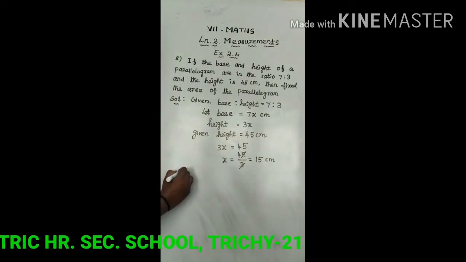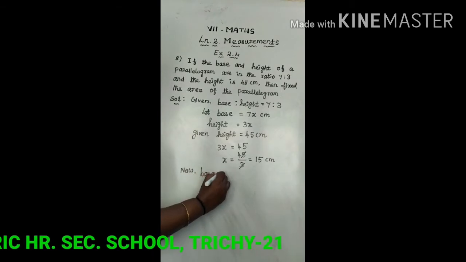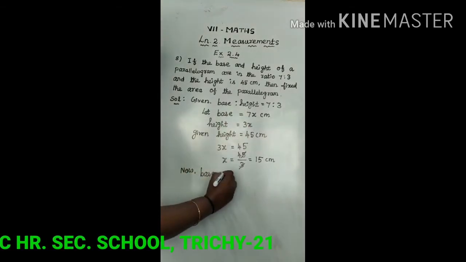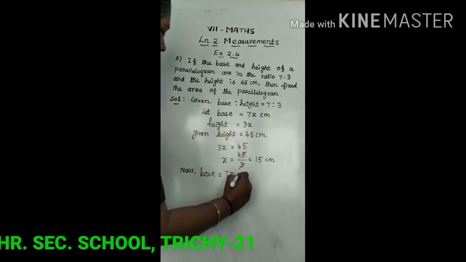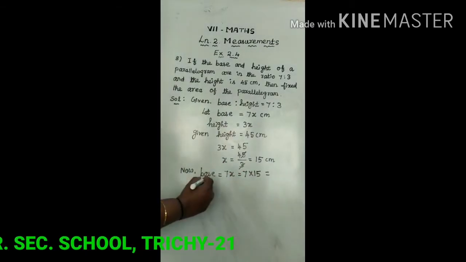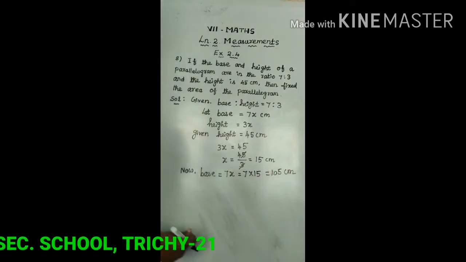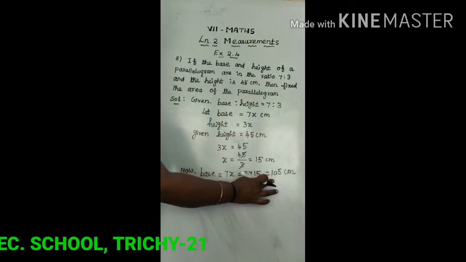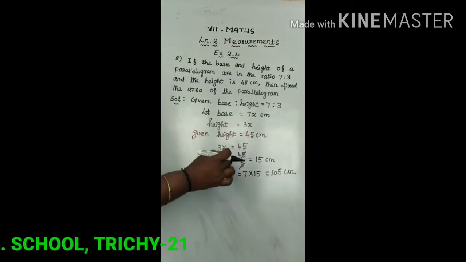Now we find the base, which is equal to 7x. So substitute the x value in the base: 7 into 15. 15 sevens are 105 centimeter. So base is equal to 105 centimeter and height is equal to 45 centimeter.